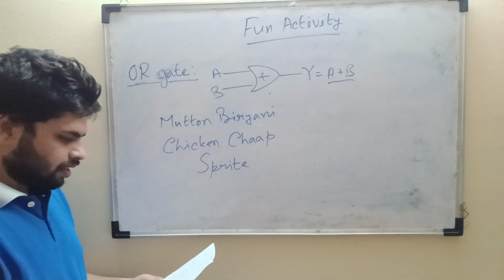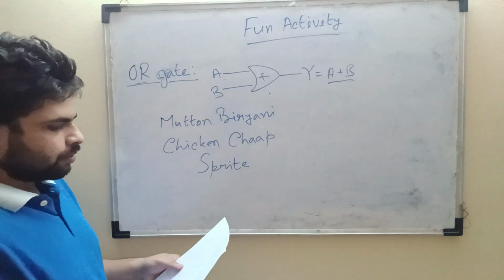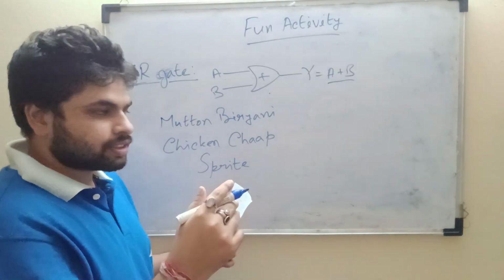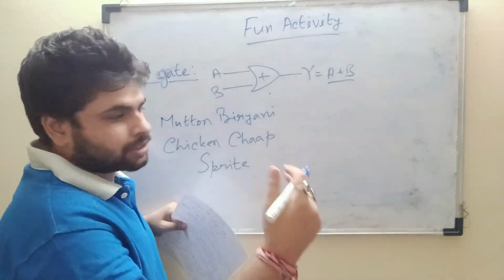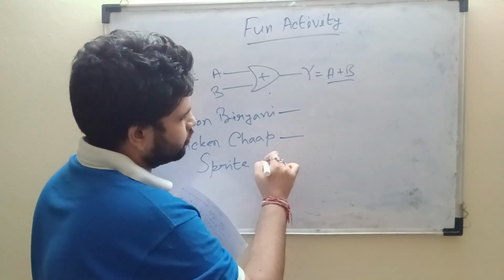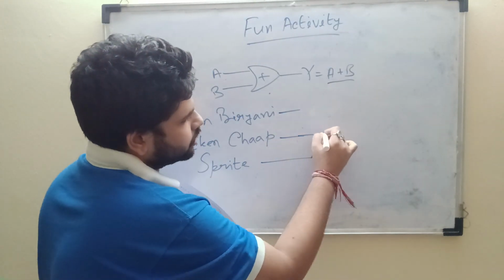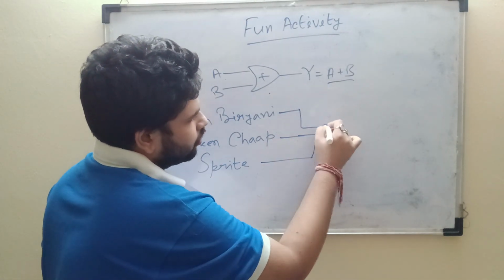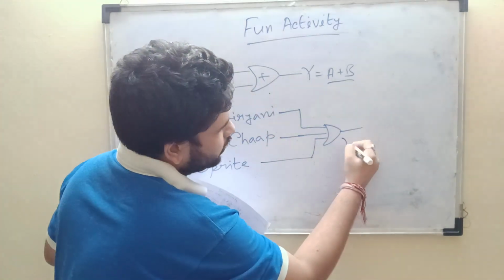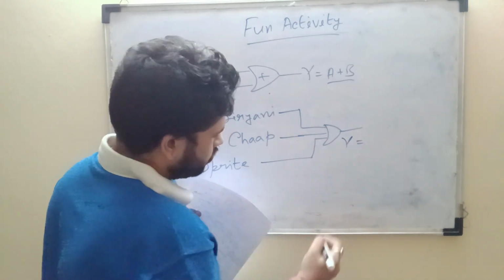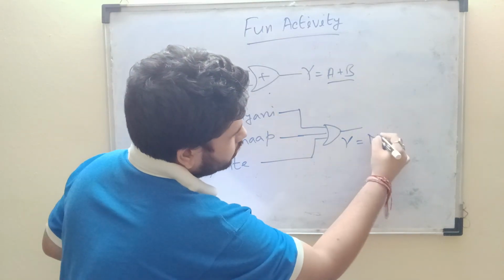When I order these things and go to the add to cart option, add to cart means something like the OR gate operation, and then we have to pay for the whole order.